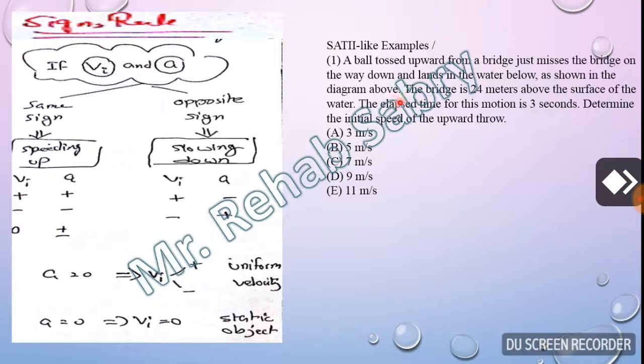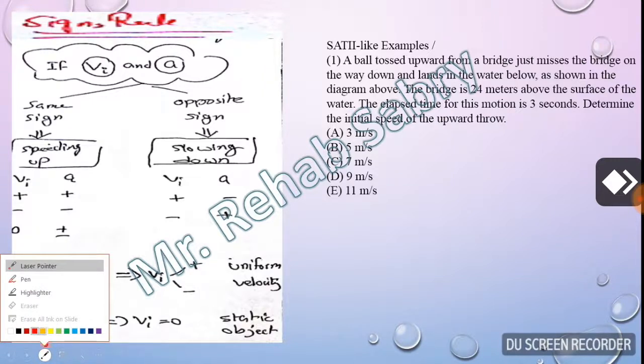Someone may say, "No, mister, acceleration is positive and the object slowed down." Yes, acceleration is positive and the object slows down only if the initial velocity is negative. I'm sorry for speaking quickly because I want to save time as much as possible.